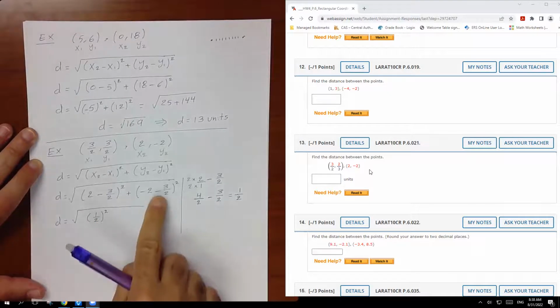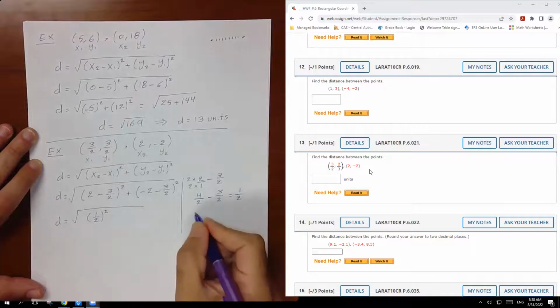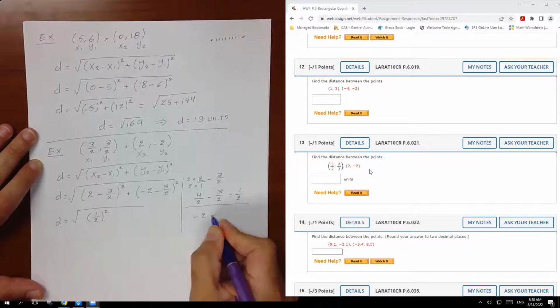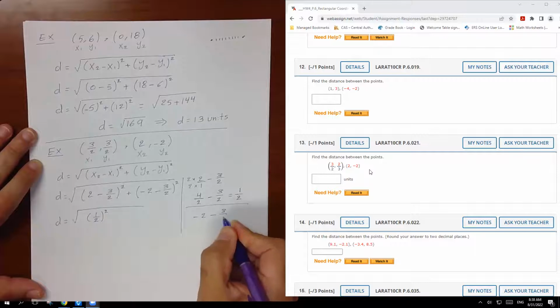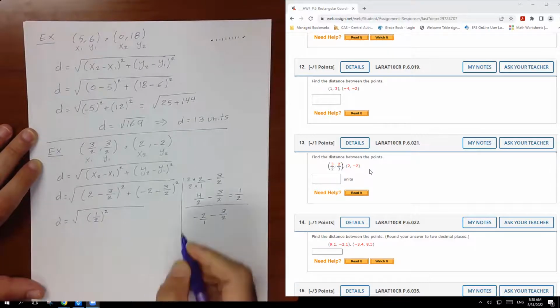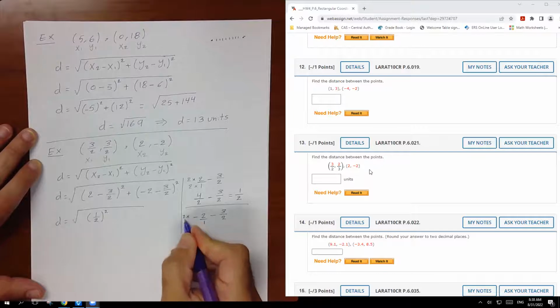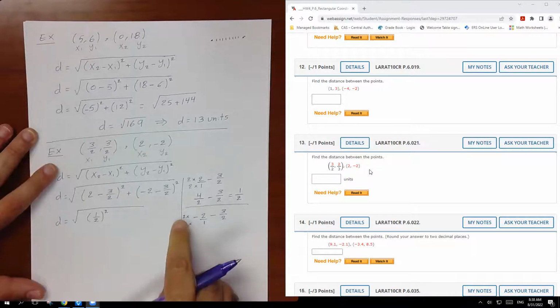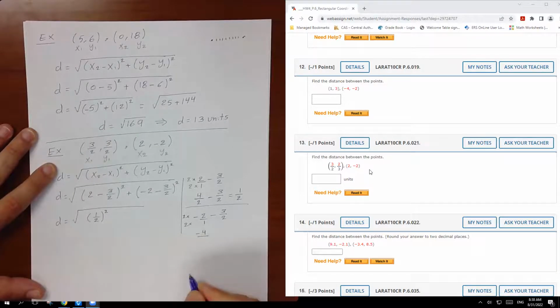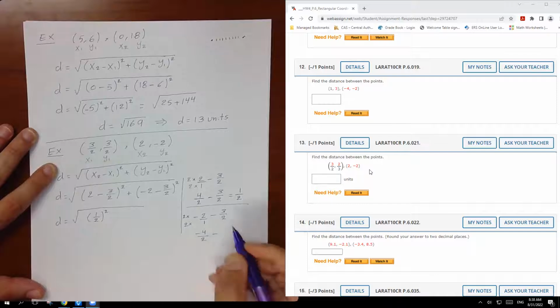I'm going to do the same thing here. Negative 2 minus 3 over 2. I'm going to write down this over 1. Then I'm going to multiply this one by 2, and I'm going to multiply this one by 2. So 2 times negative 2 is going to be negative 4 over 2 times 1 is going to be 2, minus 3 over 2.